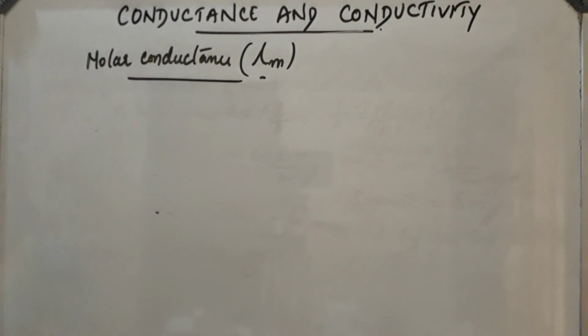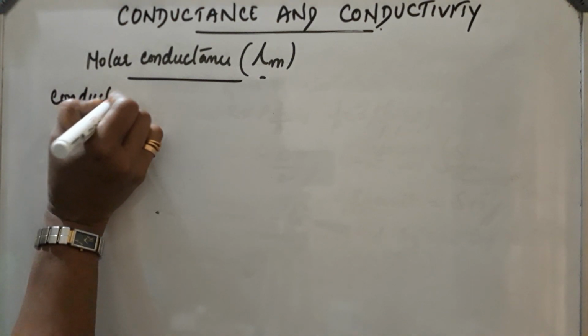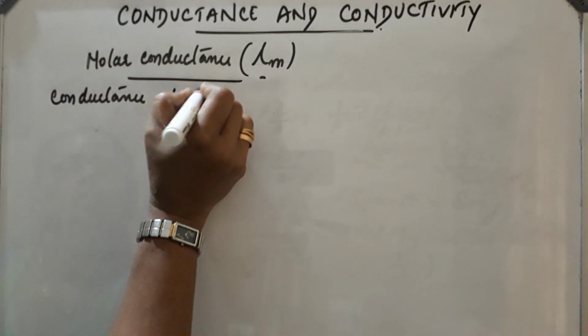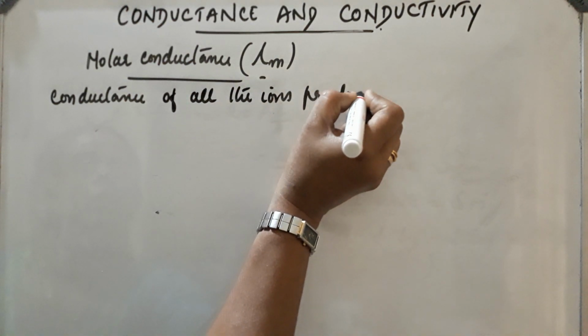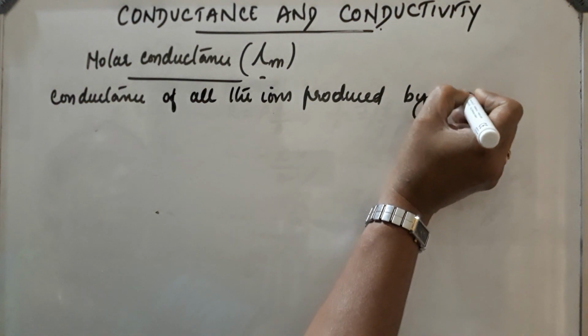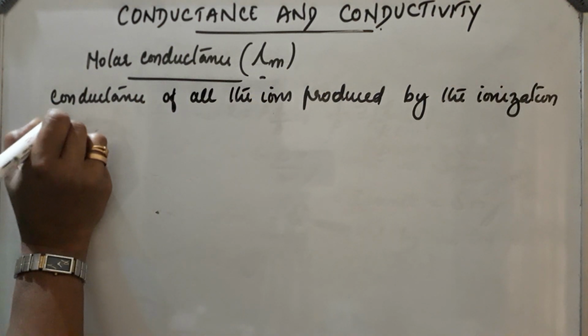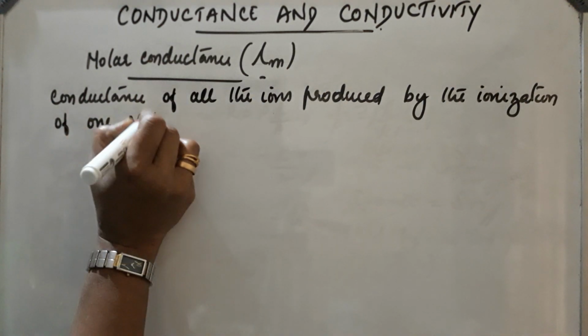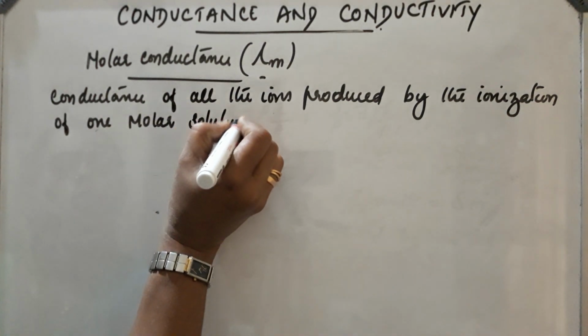Molar conductance is the conductance per mole of solution, or we can write, the conductance of all the ions produced by the ionization of 1 molar solution of an electrolyte.